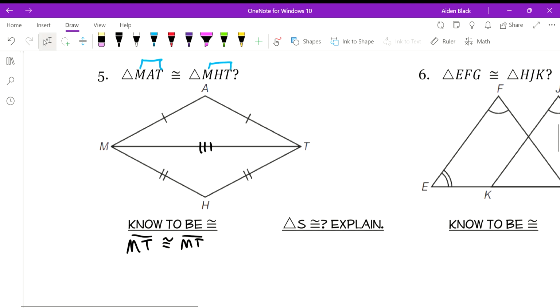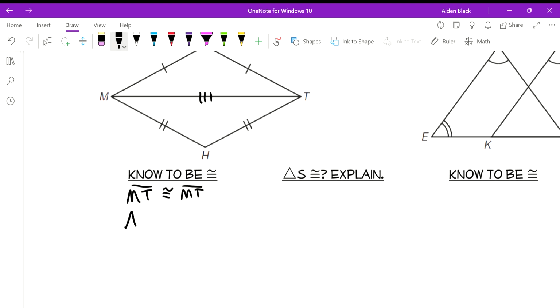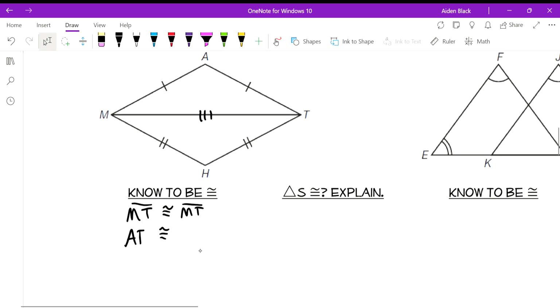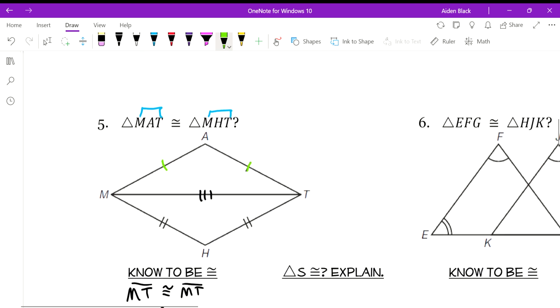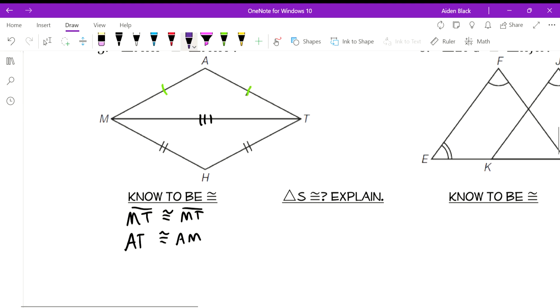But the problem here is when I say AT is congruent to AM, as you see right here with these single tick marks. Notice that AT and AM only belong to this triangle here. There's no A in this triangle. So this doesn't help us at all.